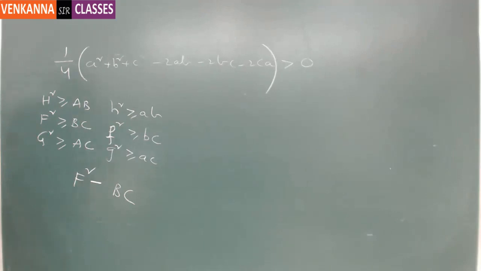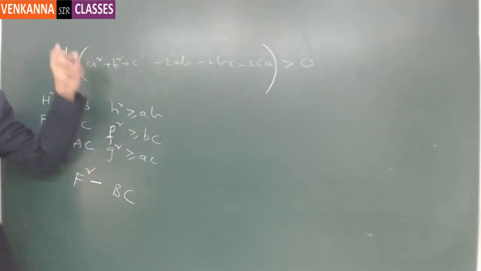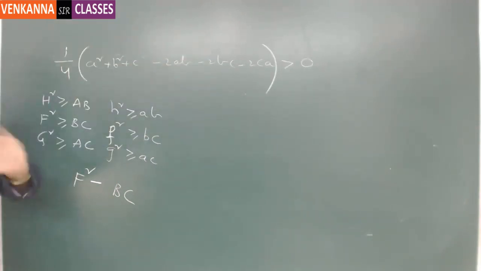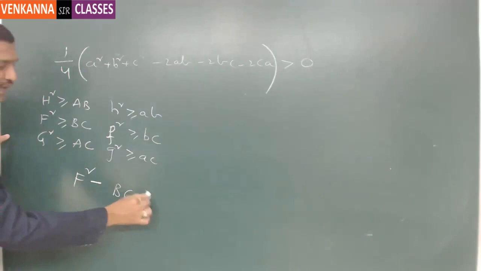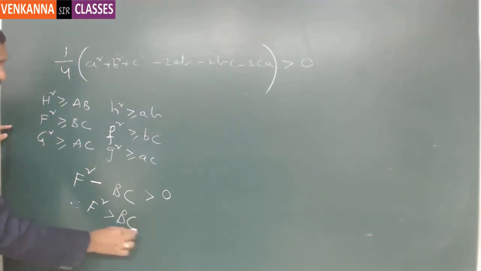As it is given in the problem that this part is greater than 0, so 1 by 4 of a positive number is also greater than 0. So you can say f square minus bc greater than 0. Therefore, f square is greater than bc.